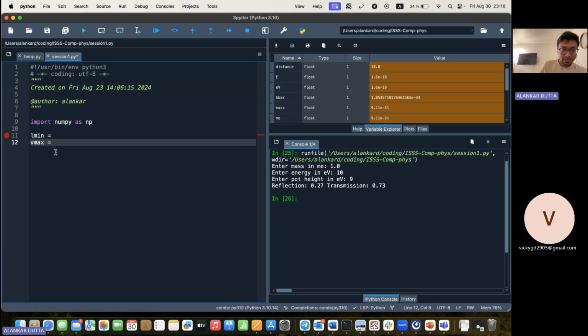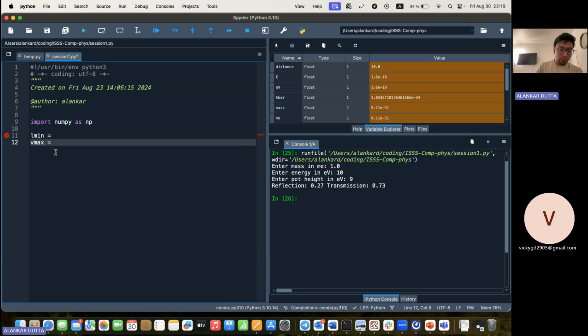So L max is when you are at aphelion, so you are farthest away from the sun, and then you are moving very slowly because then it is V min. So V min will go with L max, and similarly L min will go with V max. So when you are closest to the sun, then you are moving at the highest speed. So that will make it 3 times 2 equals 2 times 3. Just an example so that you understand this.